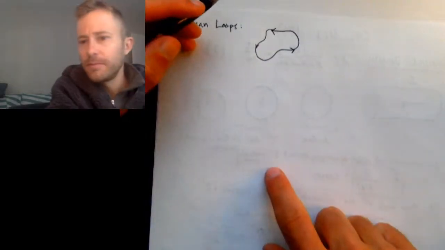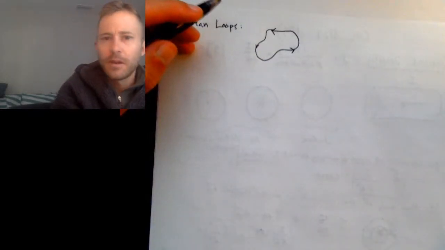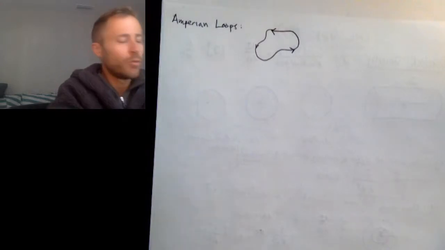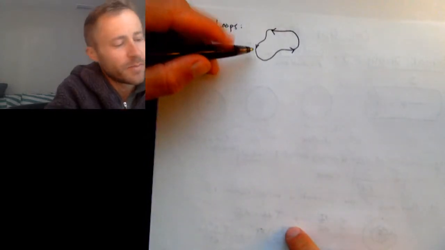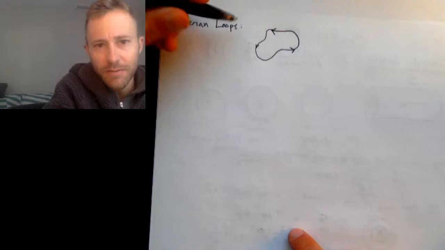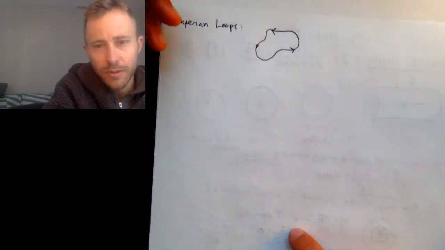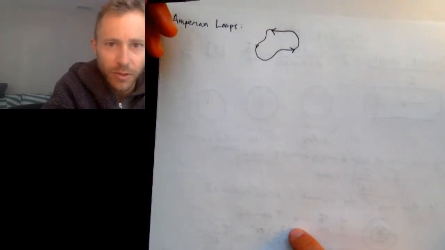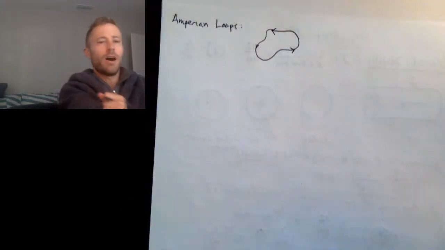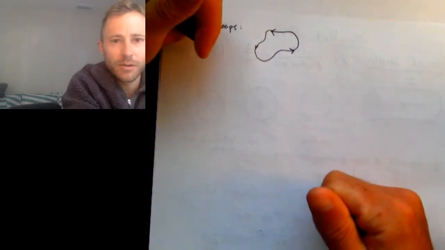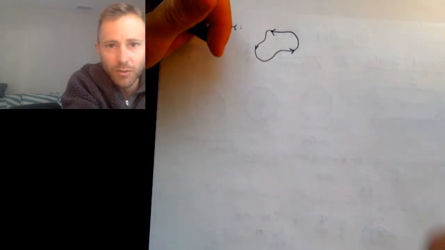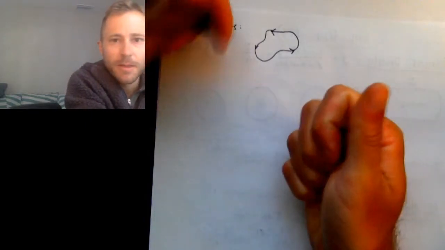When we have an Amperian loop, there's going to be a convention for positive and a convention for negative. So how do we determine the positive direction of an Amperian loop? We use the right-hand rule.